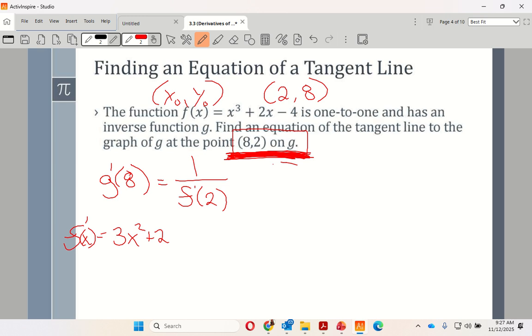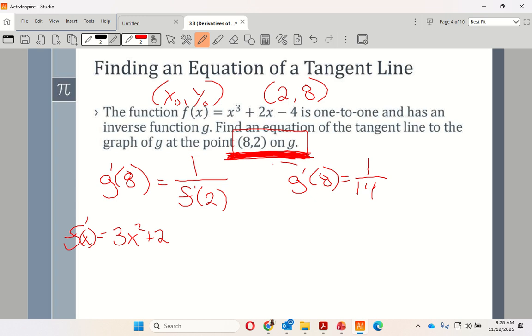That's what you're remembering. Okay, so this is going to be, let me see, f prime of 2. So that's going to be 2 squared, 4, 12, 14. So g prime of 8 is equal to 1 over 14. Now, what does g prime represent? Do you guys recall? The derivative of the y, right?